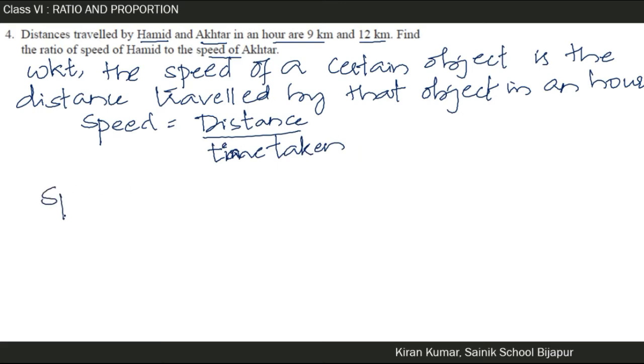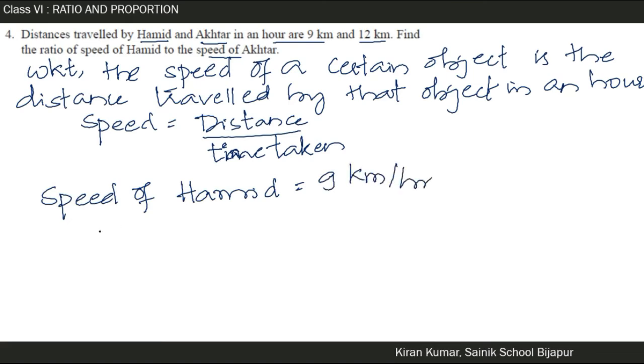Therefore, we can write the speed of Hamid as 9 km per hour and the speed of Akhtar is 12 km per hour.